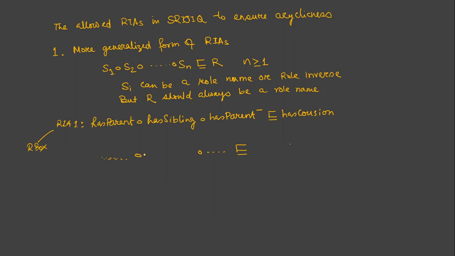We should not have something like has cousin and has sibling. And this is required in order to avoid cyclic dependence. Right.